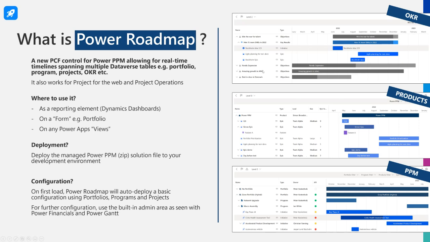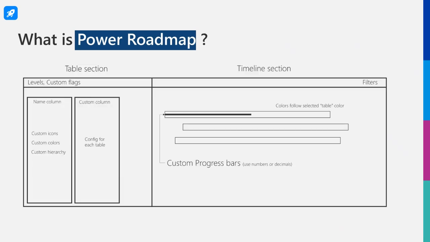In our pre-sales, we are configuring it to an OKR, which I will show you. We will show you a product breakdown and also the classic PPM structure. So it's basically consisting, on the left, of a table section. That's where you will see the names of the different initiatives, programs, portfolios, and products.